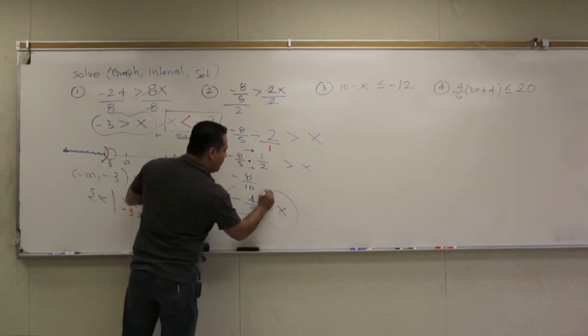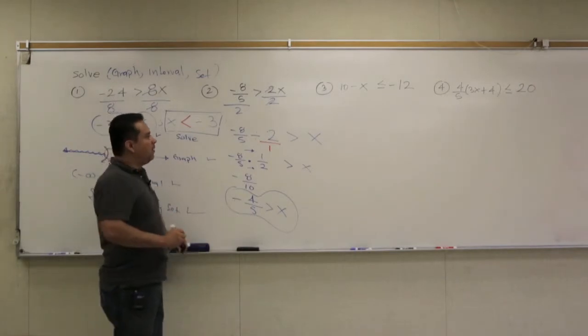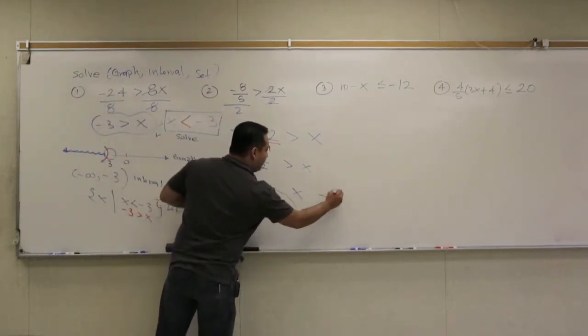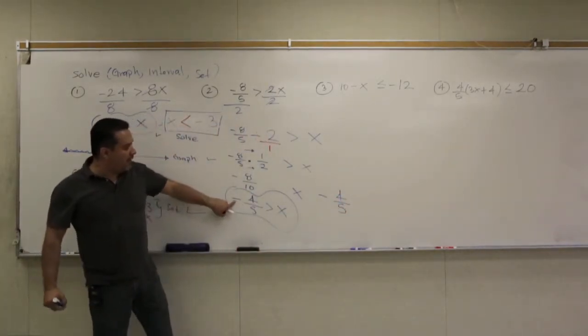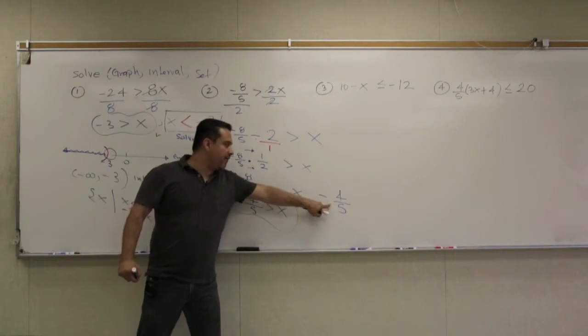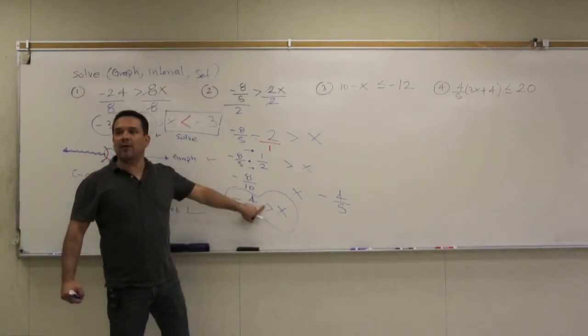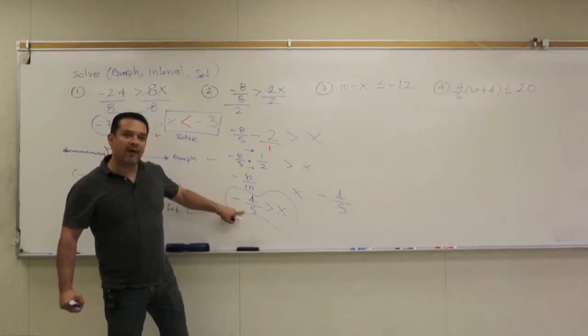If you write it this way, is that okay? Yes. What's it also known as? X less than negative 4 fifths. Let's go through this. We're comparing negative 4 fifths with x. Negative 4 fifths and x we're going to compare. What does the jaws open to? It opens to the bigger number. What number is bigger? Negative 4 fifths. Is that true?